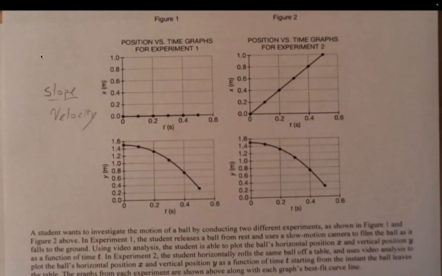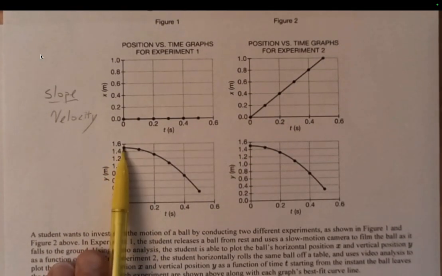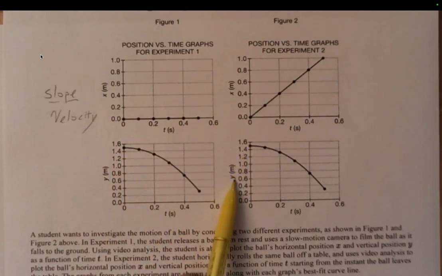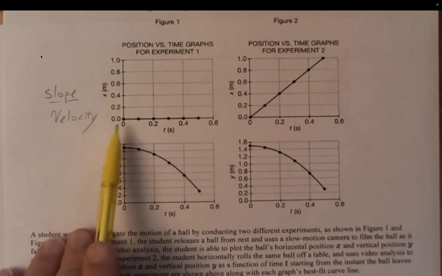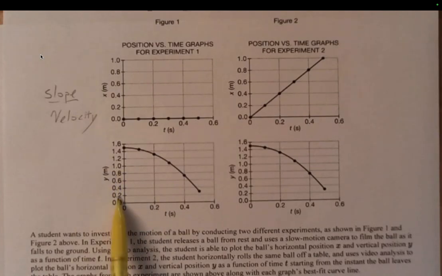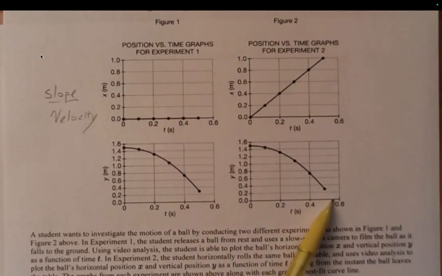And we see that both of them start at 1.5 meters above the ground in the vertical direction, and in the horizontal they start at 0 as well. And then when they end, we don't know where exactly or when they'll hit. We don't know in terms of the time, so we can't really say.